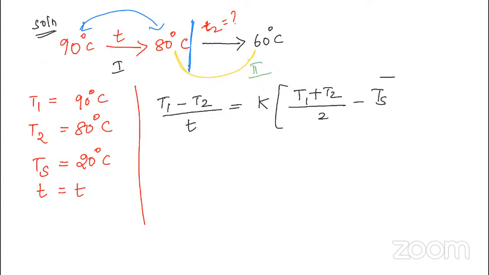So this is our formula. For the first case, we apply these values and calculate. Then for the second case we calculate the values, and from both we finally calculate how much time it takes to cool from 80 to 60.